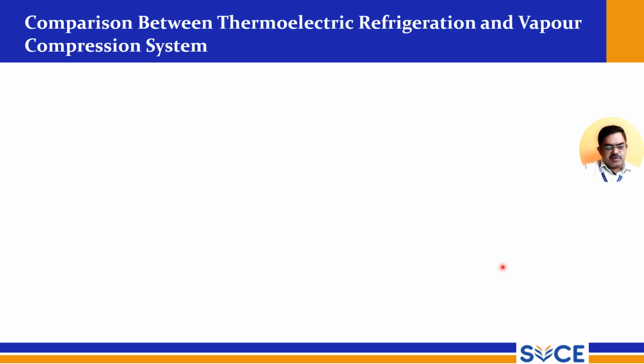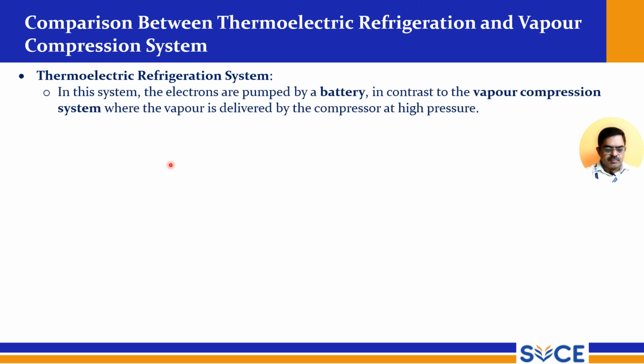So the comparison between thermoelectric refrigeration and the vapor compression system. In the thermoelectric refrigeration system, electrons are pumped by a battery, in contrast to the vapor compression system, where the vapor is delivered by the compressor at a high pressure.